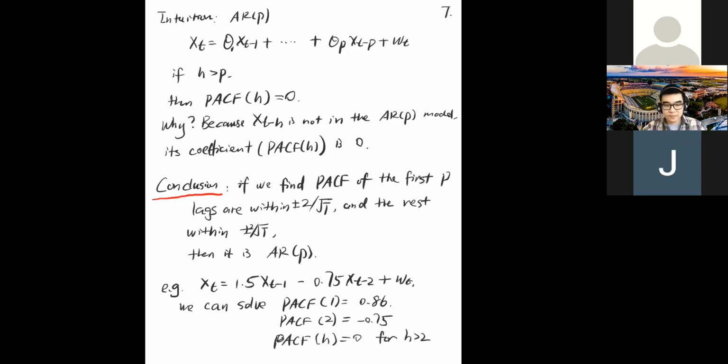This is exactly what we expect. Since it's an AR(2) model, the first two PACFs are significantly different from 0, and the rest of the PACF is equal to 0. Any questions?